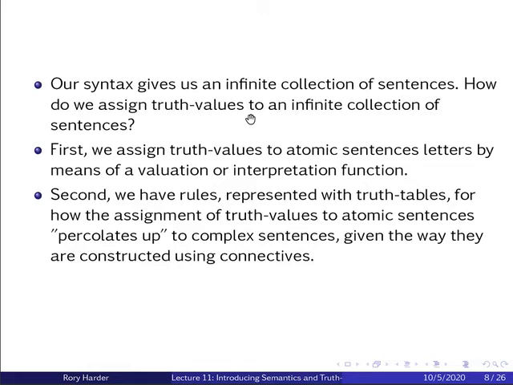So we begin by stipulating that the basic building blocks, the basic sentence letters, are either true or false. And then, given that we've assigned truth values to these atomic sentence letters, we have rules, which we can represent with truth tables, for how the assignment of truth values to atomic sentences percolates up to complex sentences, given the way those complex sentences are constructed using connectives.